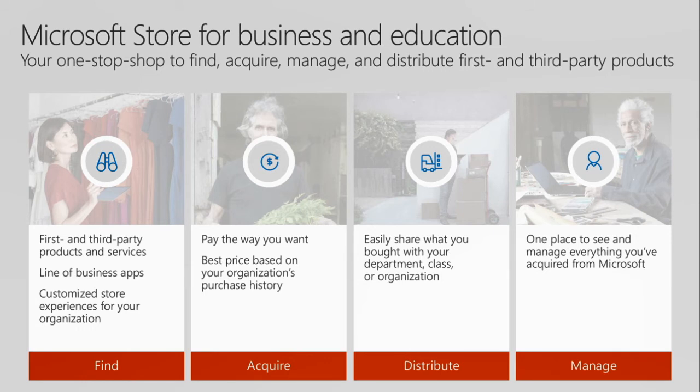And then you can distribute your app through various options. We'll get to the various options in the next slide. And then the last thing that you can do, last but not least, is manage, which means you can manage your users, what apps go where, and how the licensing should be managed for each of your users.